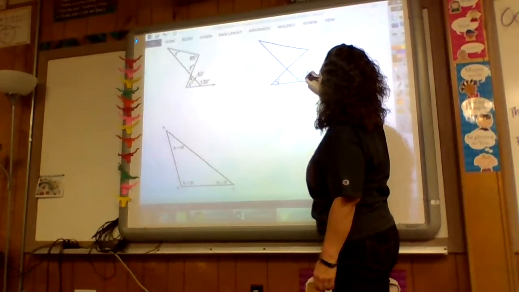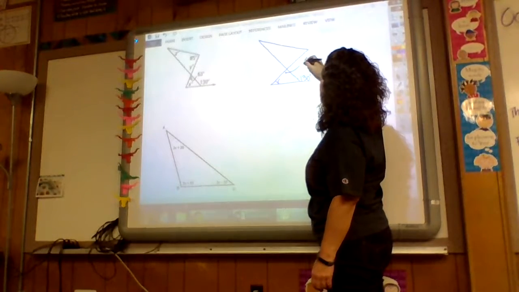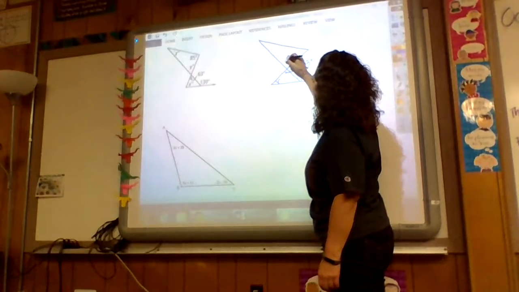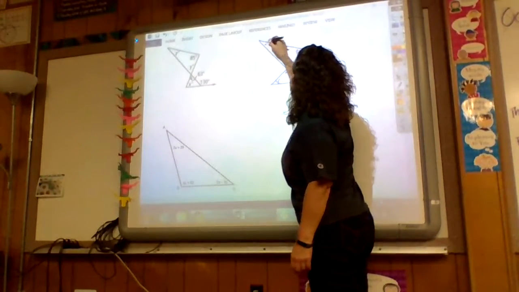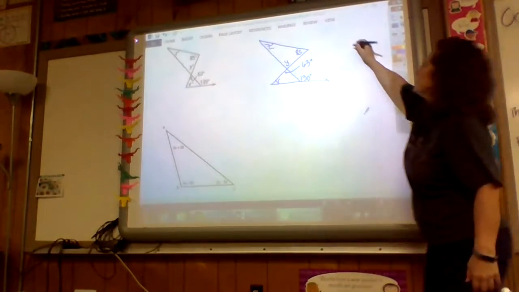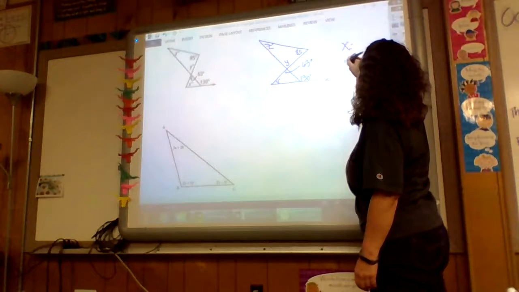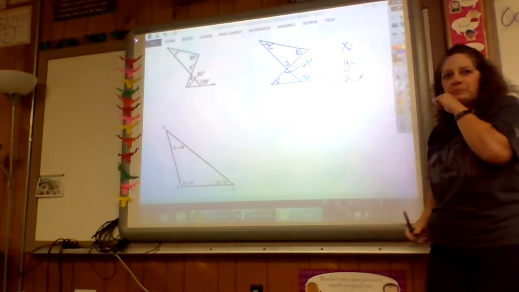X degrees, 130 exterior right here. 63 inside. Y is above it. 85 and Z. Okay, we are going to find the measures of angles X and Y and Z.